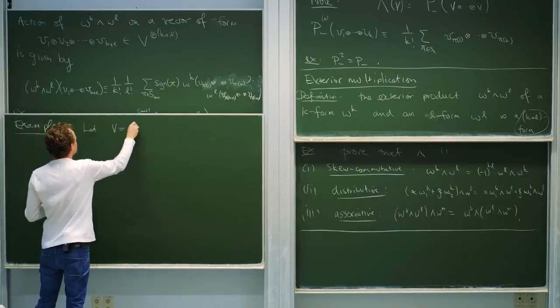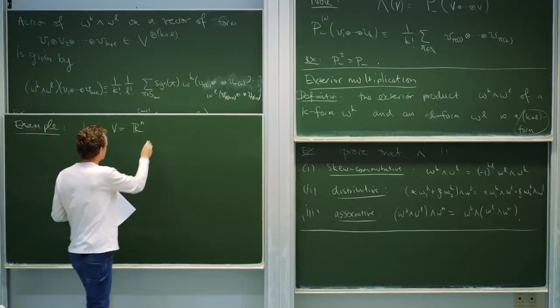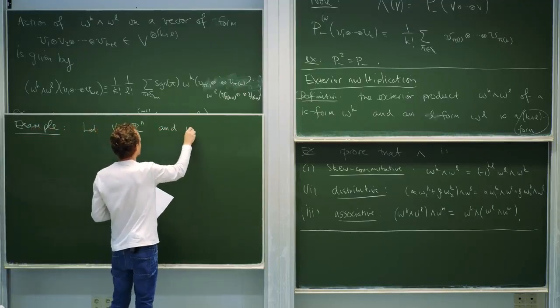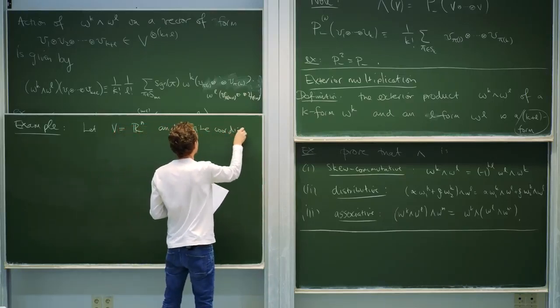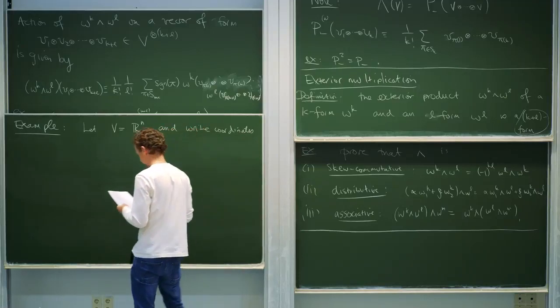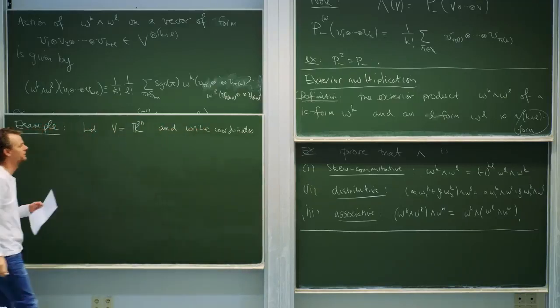Example. Suppose we have a vector space, namely R^n. That's the simplest vector space we can write down. Sorry, R^2n. That's important.